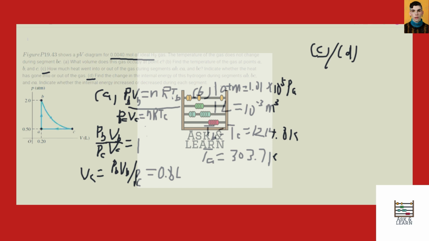To figure out the change in internal energy and the heat into or out of the system, I find it more convenient to calculate the change in internal energy first.